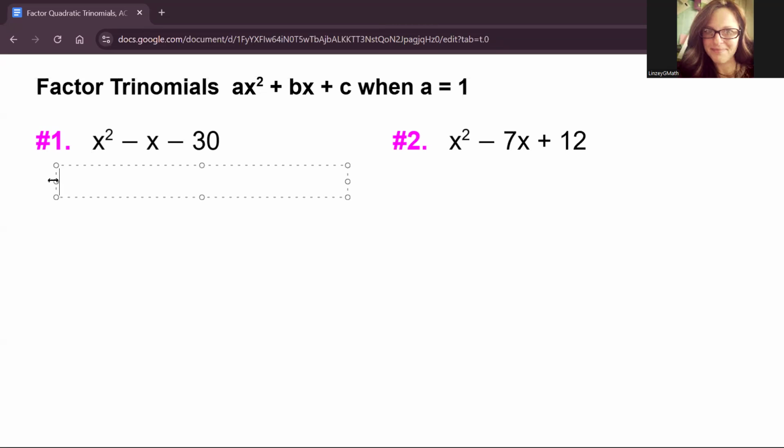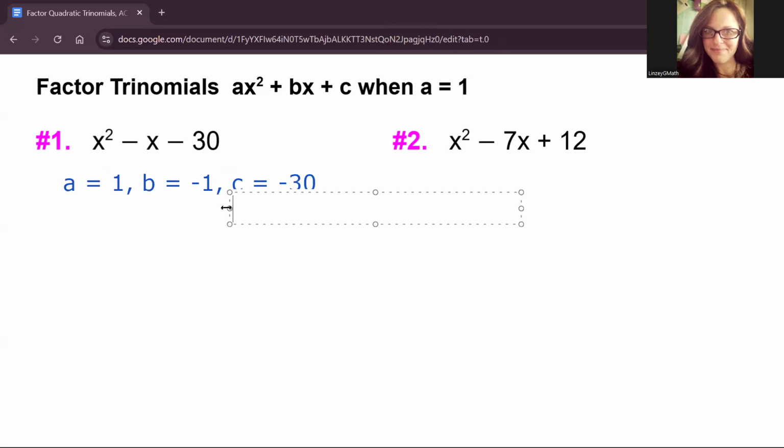Number 1, A is 1, B is -1, and C is -30. Since A is equal to 1, we can just ask ourselves what two numbers multiply to -30 and also add to -1.